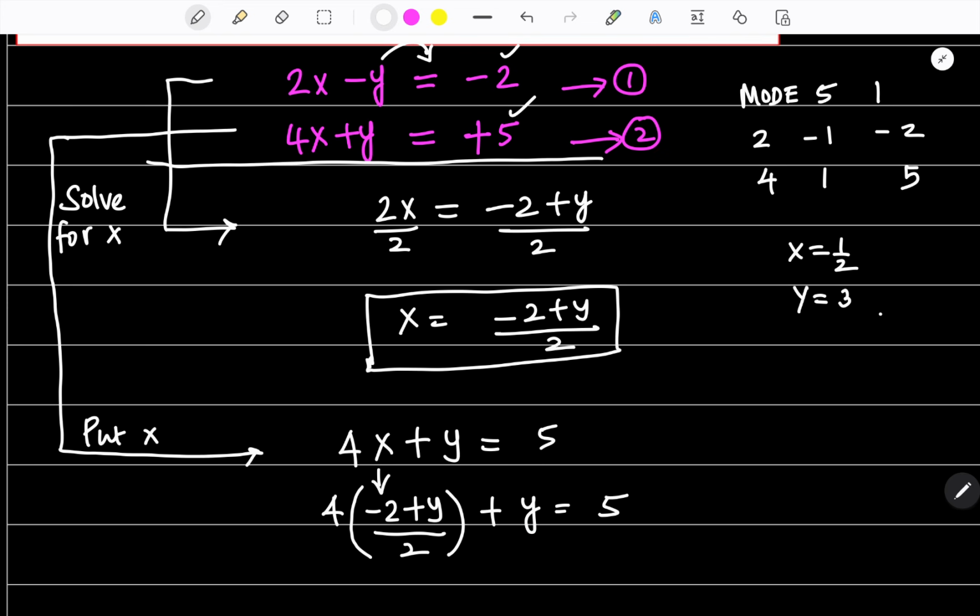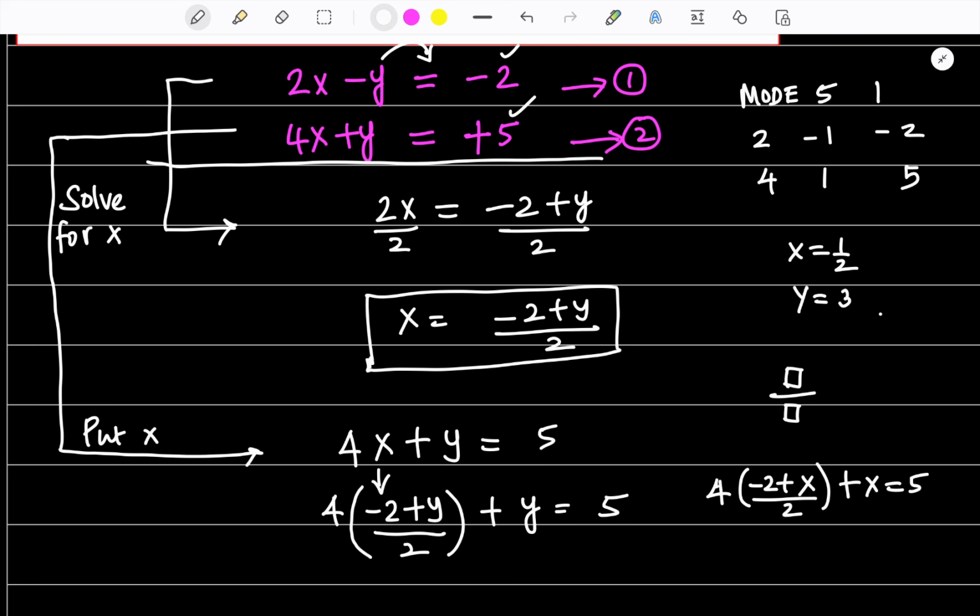In this step, you should be very careful. Take your calculator and type 4 times (minus 2 plus x) divided by 2, plus x is equal to 5. Let us type all of it together. 4 times, bracket open, and then fraction mode. Fraction mode minus 2 plus alpha x, over 2, and then close the bracket.